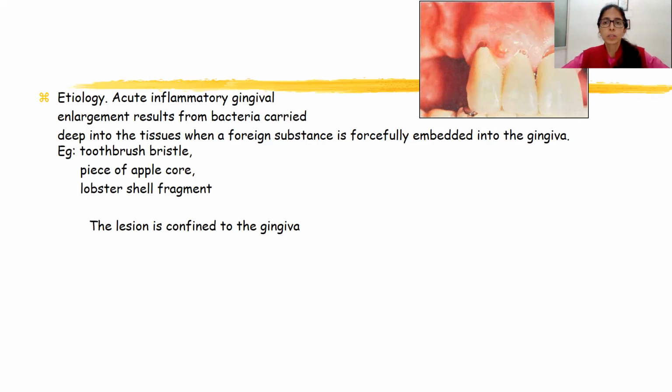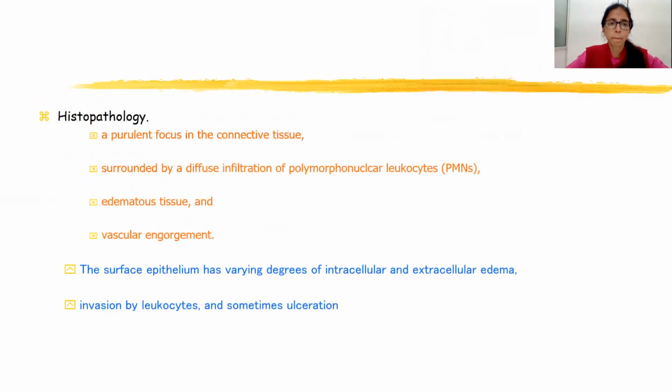That causes an inflammatory reaction, and it leads to formation of a gingival abscess. In this, the lesion is confined only to the gingiva, the marginal gingiva and the interdental papilla. Yes, because it is an inflammatory reaction, there will be a purulent focus, and there will be an excess of neutrophils present in that area.